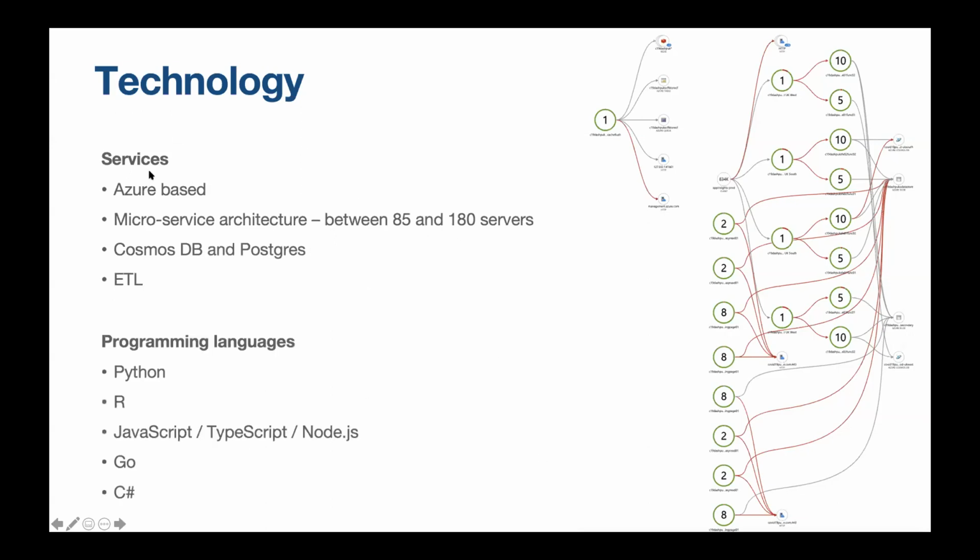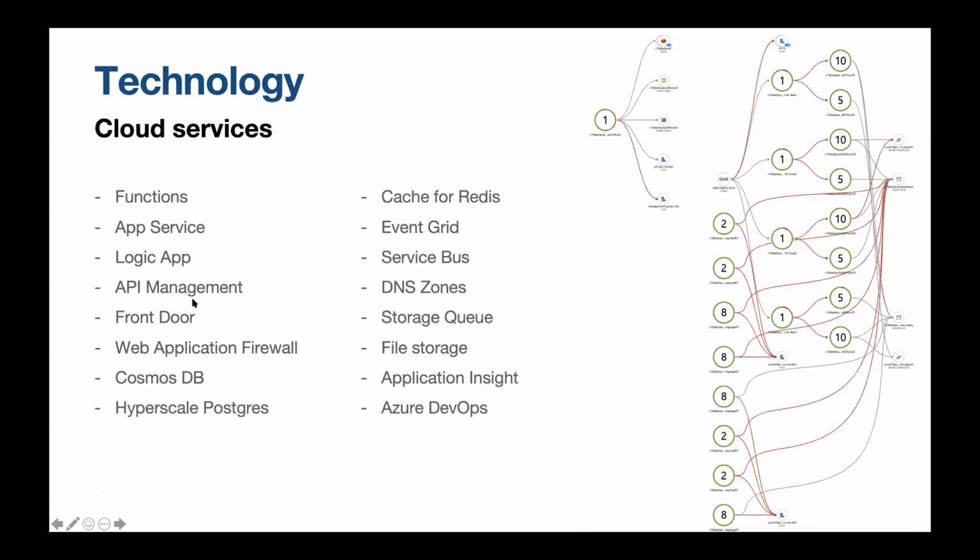This is the technology stack that we use, the programming languages, the general service base, and the exact stack of cloud services that we are currently using to provide the service. Again, the details of this would be very technical, so I spare you that, and we really don't have much time to get into it.